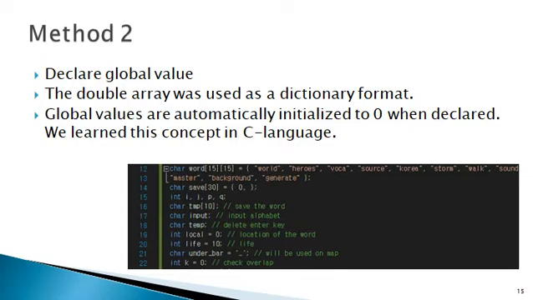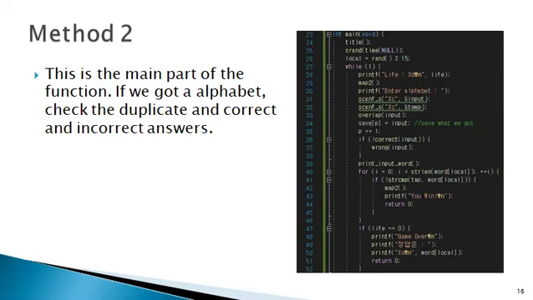We learned this concept in C language last year. Now picture 3. This is the main part of the function. If we get an alphabet, check the duplicate and correct and incorrect answers.